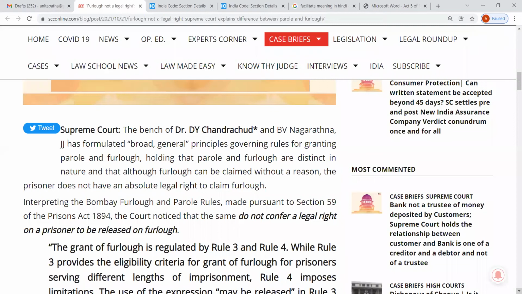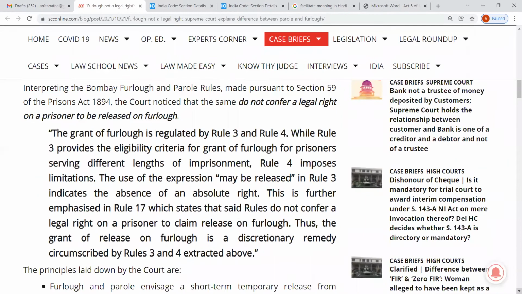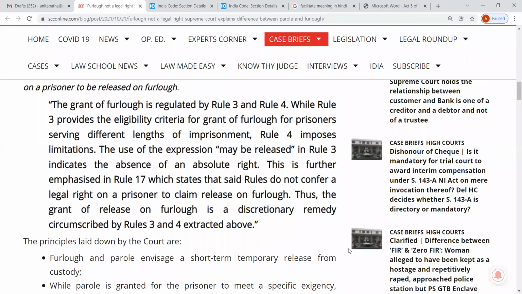Interpreting the Bombay Furlough and Parole Rules made pursuant to Section 59 of the Prisons Act 1894, the court noticed that the rules do not confer a legal right on a prisoner to be released on furlough. The grant of furlough is regulated by Rule 3 and Rule 4. While Rule 3 provides the eligibility criteria for grant of furlough for prisoners serving different lengths of imprisonment, Rule 4 imposes limitations.